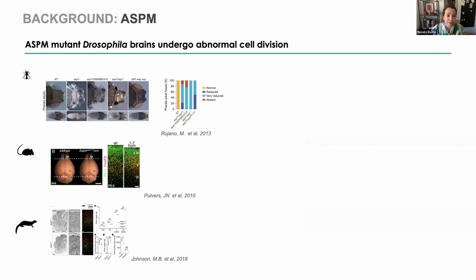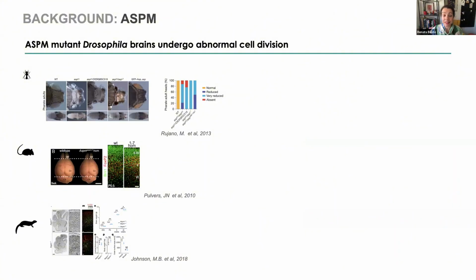They were actually 40 years old. They come from work done by Pedro Ripoll, David Glover and Caetano Gonzalez, where we actually realized that indeed flies that are mutant for ASP, which is a homologue of ASPM, have brain size reduction.